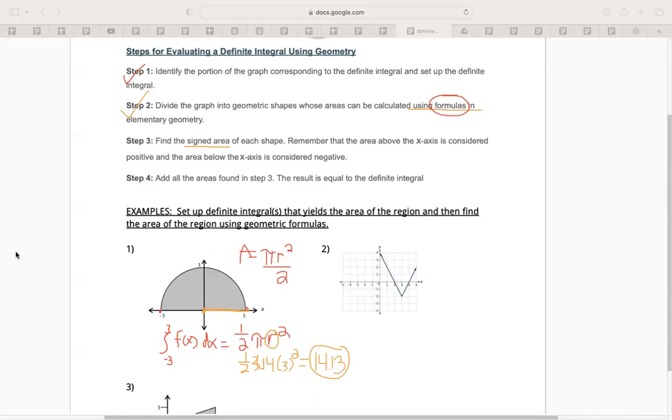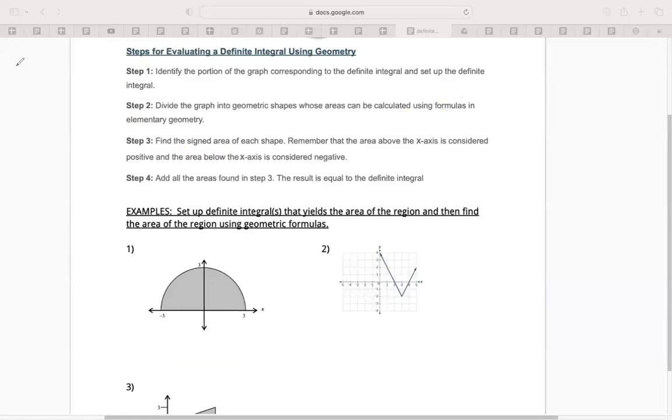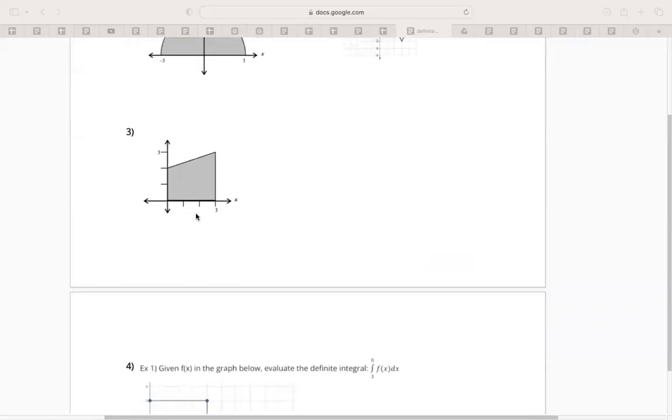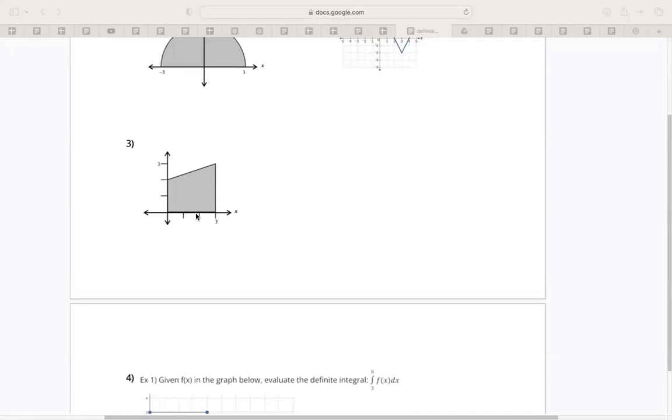Okay, I'm going to clear this out, and then we are going to go to number 3 next, because number 3, we don't have to split into anything, and then we'll come back to 2. All right, so let's go look at number 3. Okay, number 3, and you'll just have to refer back to the steps up above. So the first step is that we want to set up the definite integral for the region that we're trying to find. So in this case, our region is from 0 to 3.